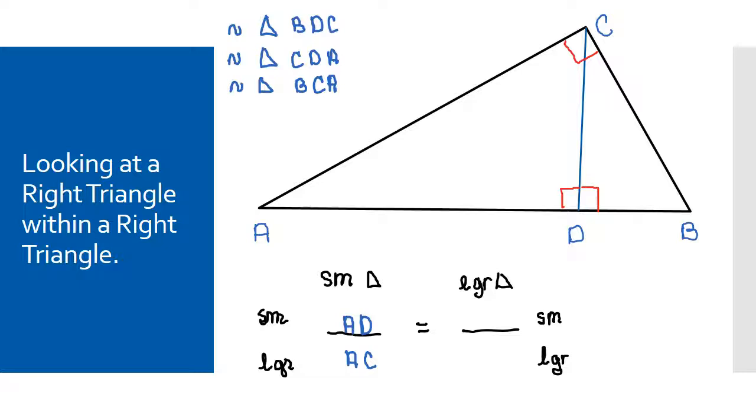Okay, so A to D here, which is a side of the medium triangle, has a relationship to AC, which is going to be the hypotenuse of the medium triangle. So we're totally looking at this medium triangle. So we need something larger, and the larger one is going to be the biggest triangle that's in there.